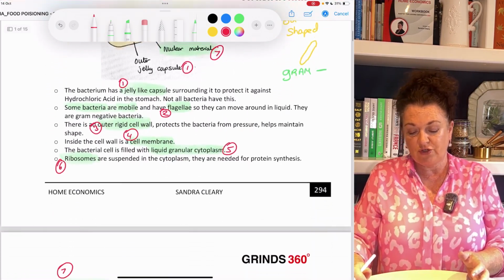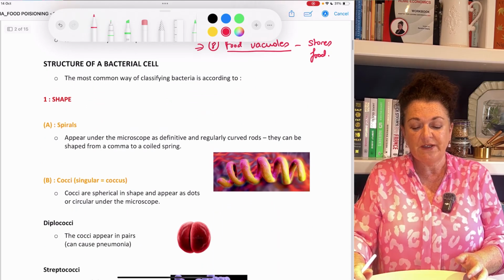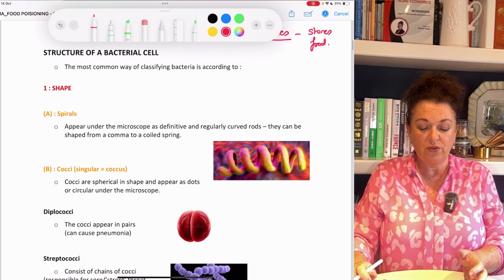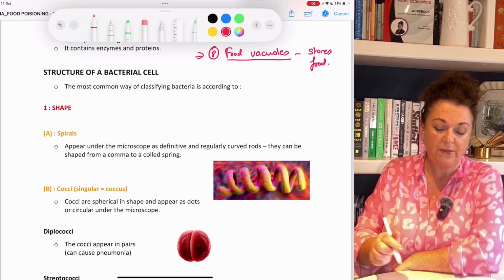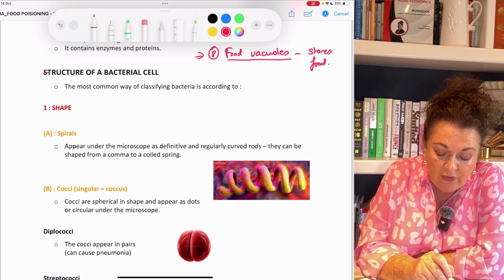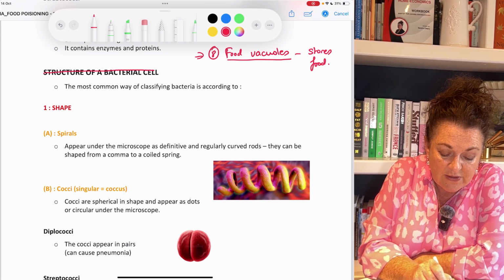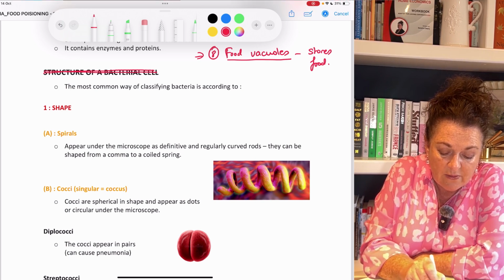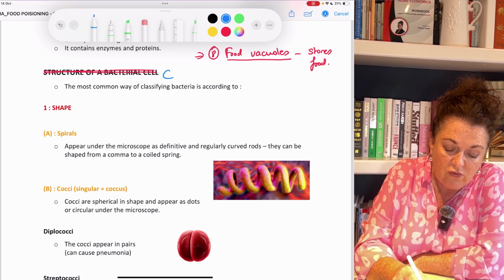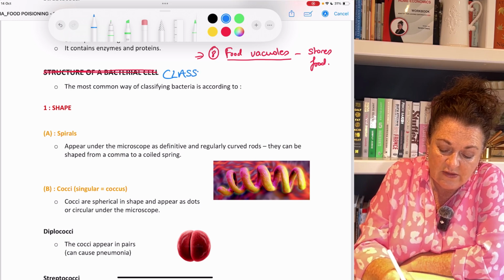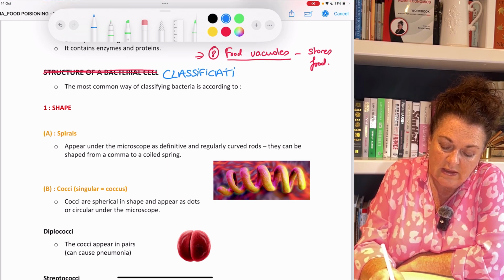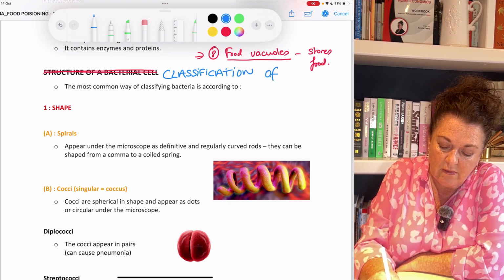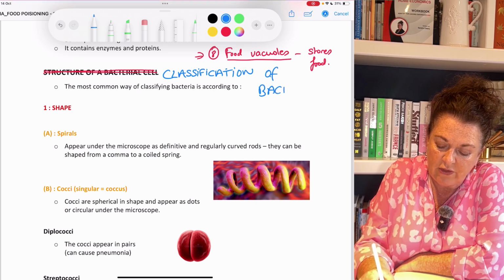So that's our structure. Right, finally for today's lesson, we're moving on to the classification of bacteria according to shape. So the most common way, just apologies there, and to change that. If you write the heading there, classification of bacteria.